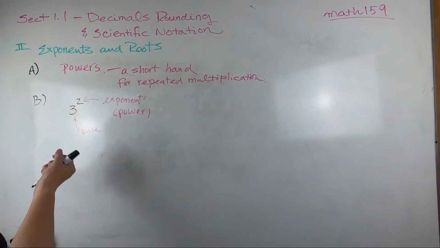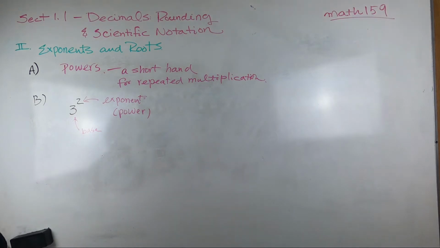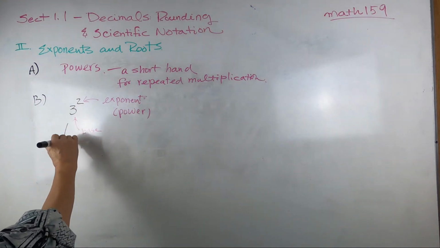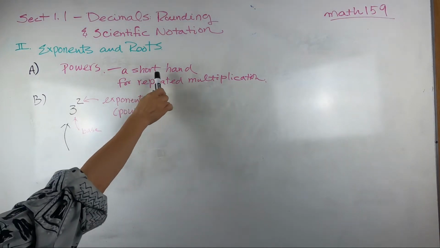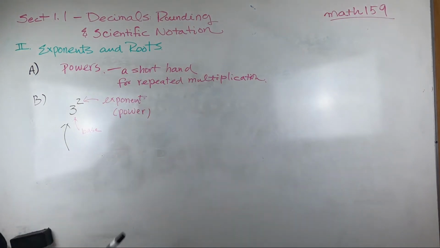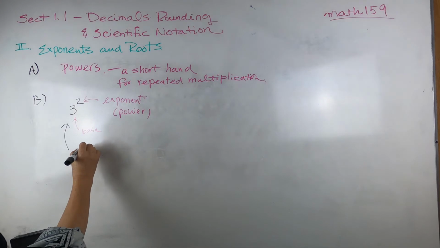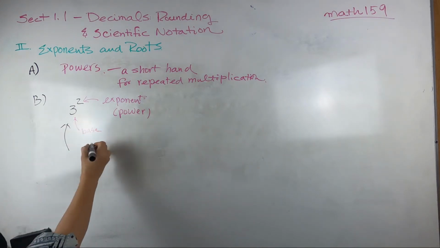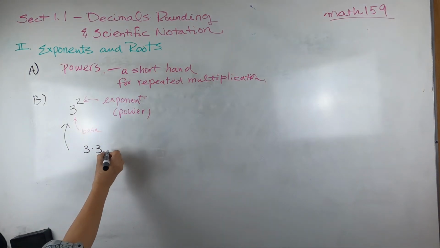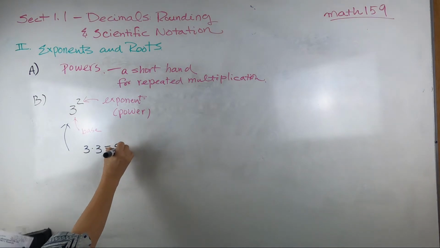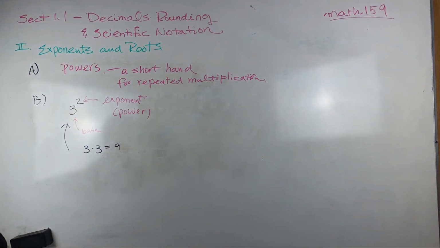When we write it, if you call me and say, oh, I have this problem, 3232, I wouldn't know what you are talking about, right? So the actual meaning is a shorthand writing for repeated multiplication. 3 times itself, how many times? 3 times 3. Actually, it's 9, right?